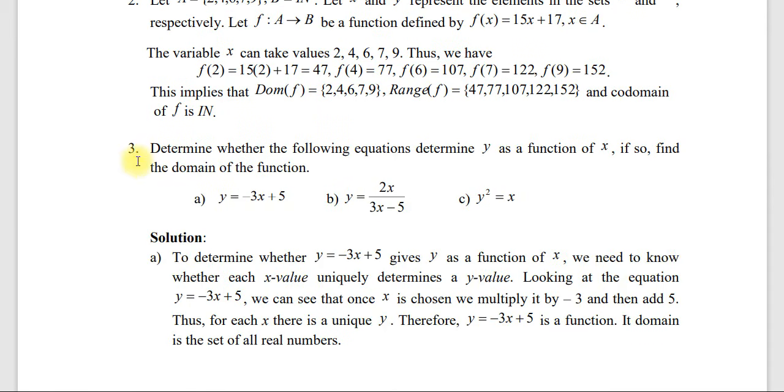Another example, example 3: determine whether the following equation determines y as a function of x. If so, find the domain of the function.